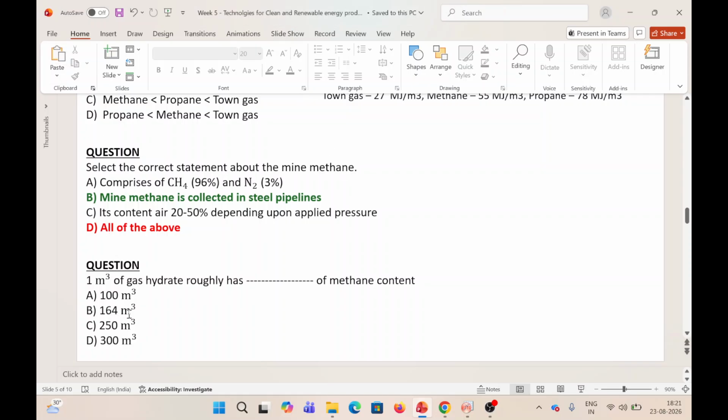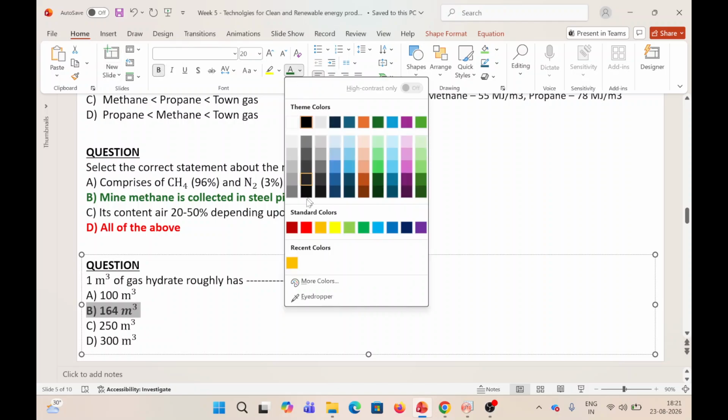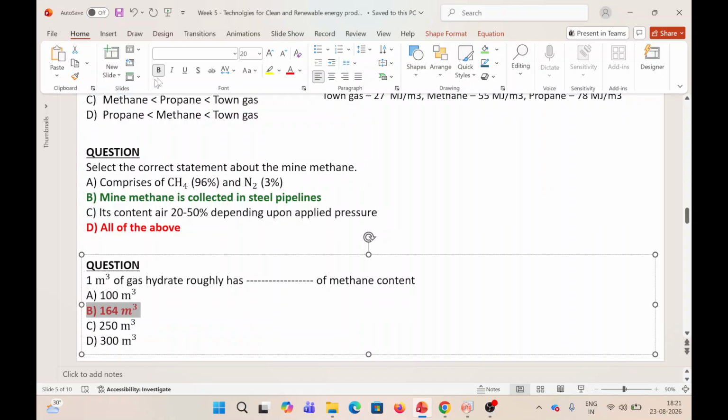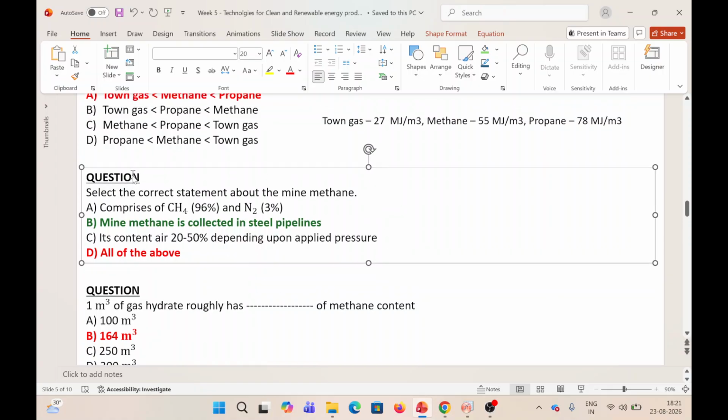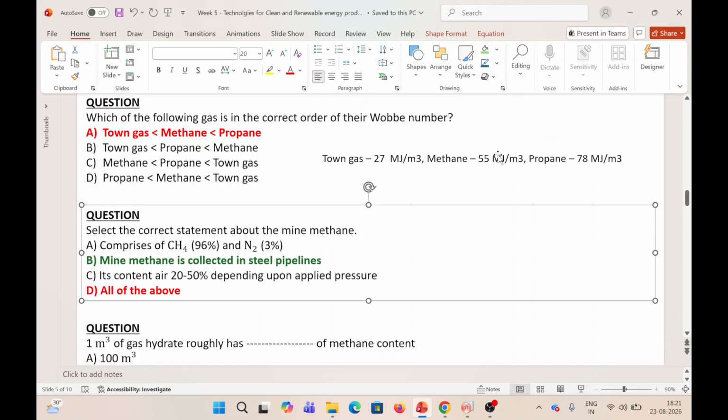So the answer is 164 meter cube. I hope nothing much, because these are all fact-based questions. So I don't think there will be much doubt in this.